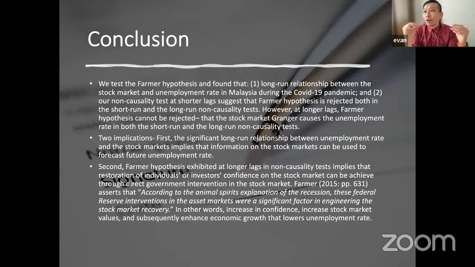Not only that, but also other types of policies that will enhance the economy, of which our focus is on the stock market itself. So with more intervention and a much longer period of time, beyond lag 5 and so on, it is hopefully going to lower the unemployment rates.